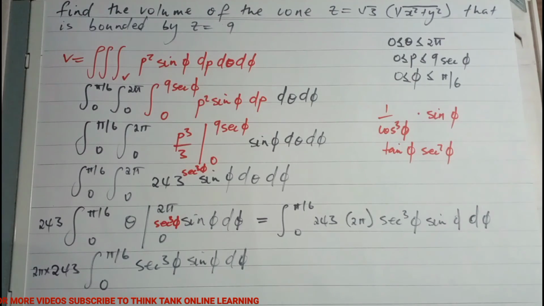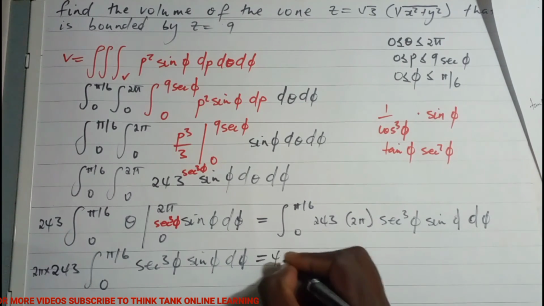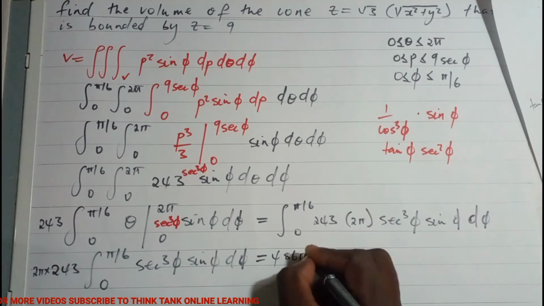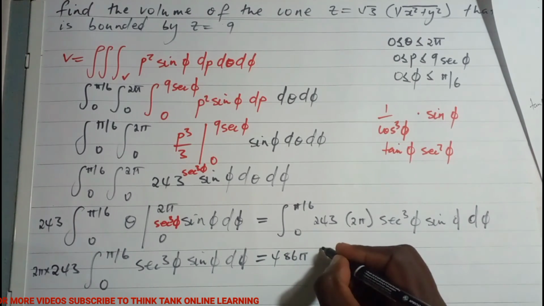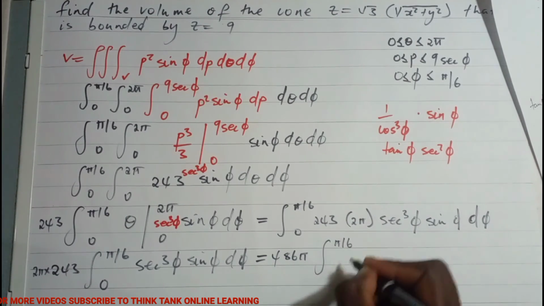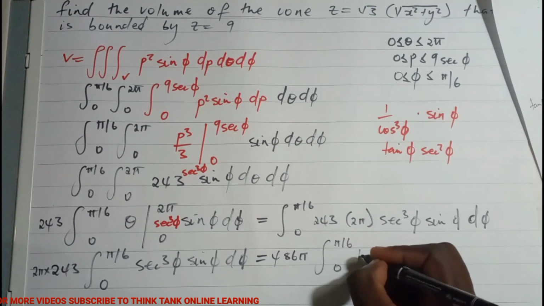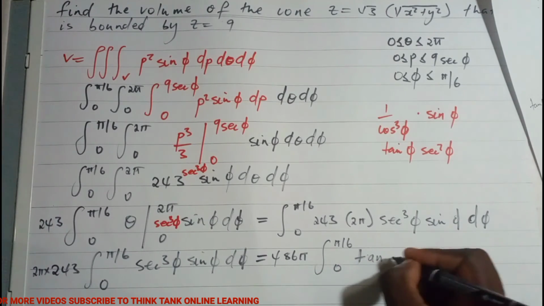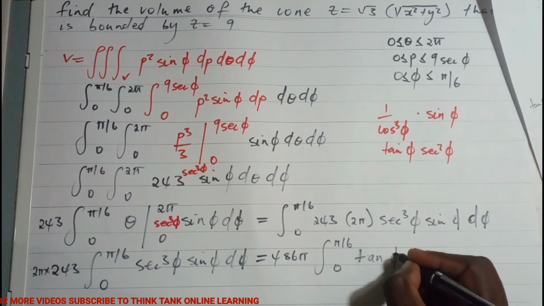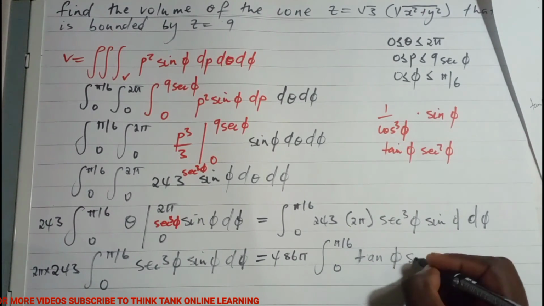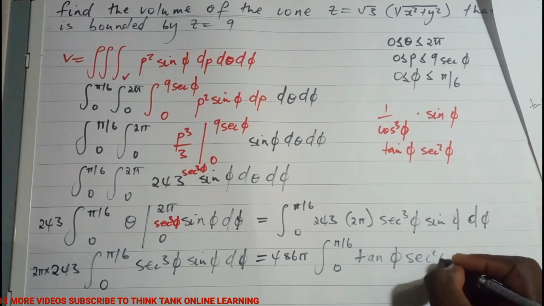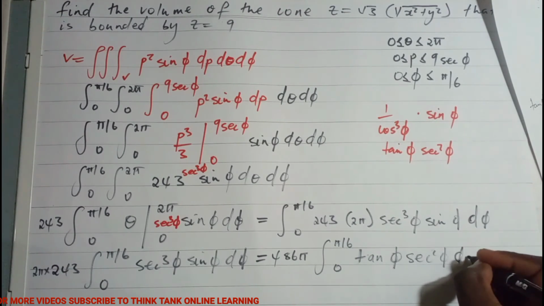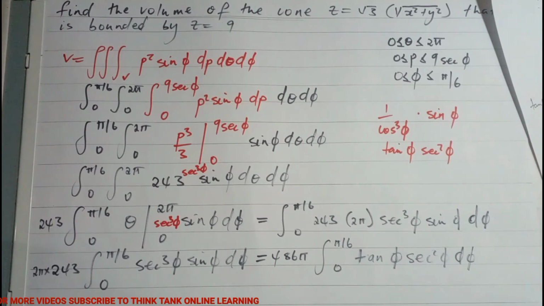So that means I have 243 times 2, that is 486 pi, and I have the integral from 0 to pi upon 6 of tan phi secant squared phi d phi.